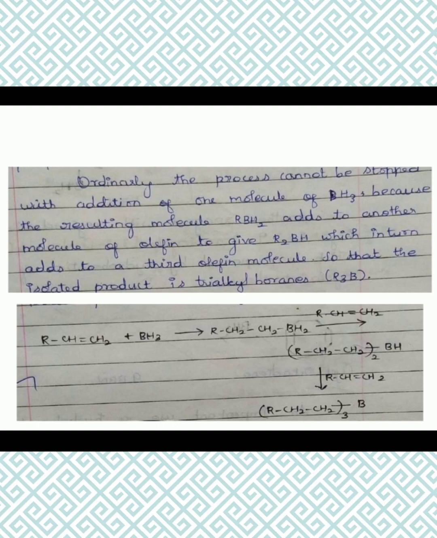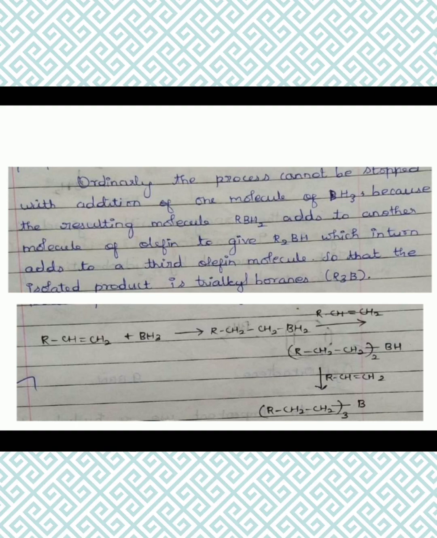This is the mechanism of the hydroboration reaction, and the mechanism follows the Markovnikov rule. In BH3, BH2 is the electrophilic portion and H minus is the nucleophilic portion. So the electrophilic portion is added to the carbon atom of the carbon-carbon double bond containing more hydrogen atoms.